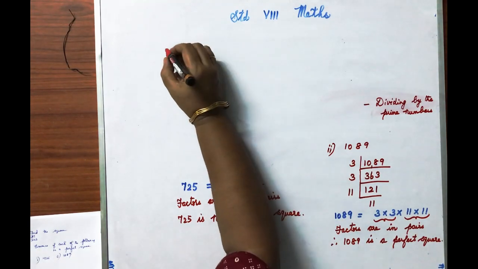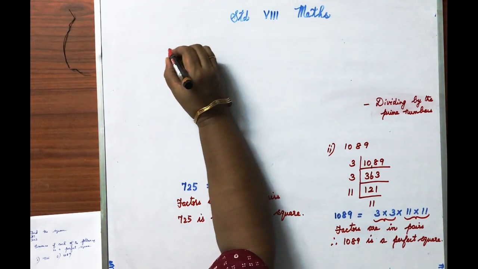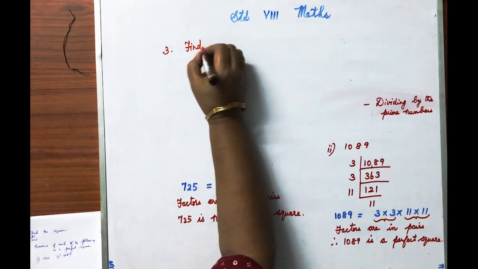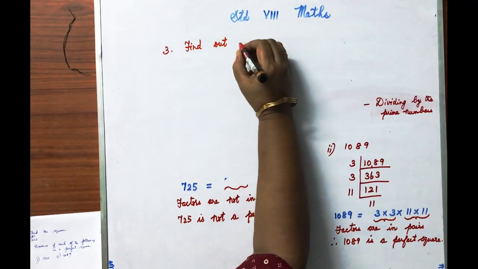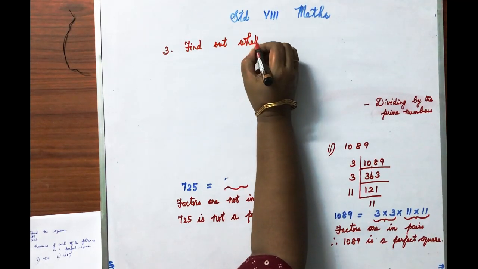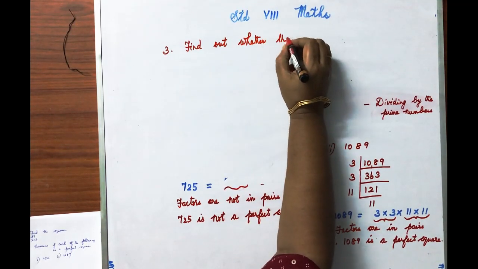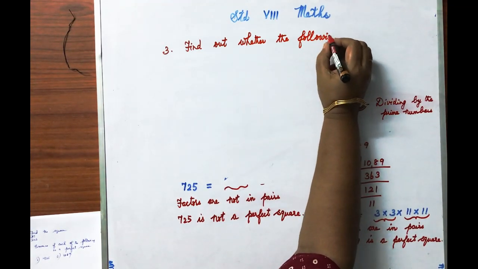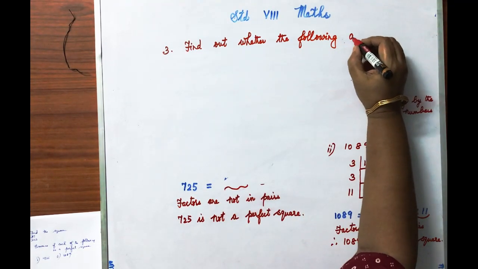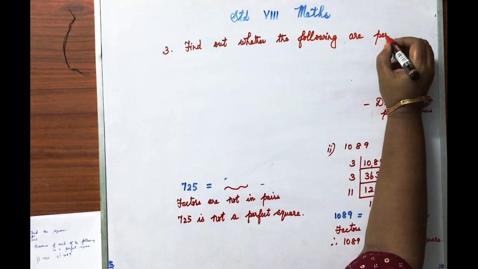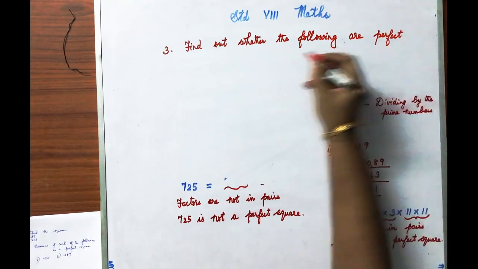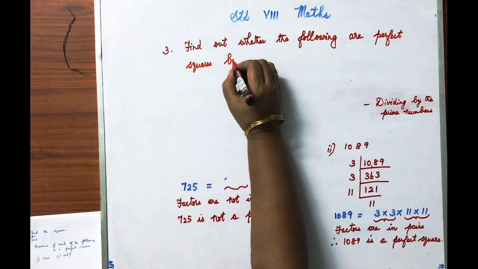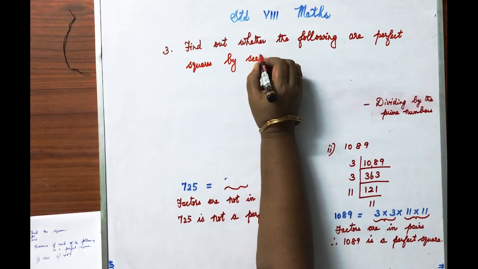Now the next question, the third question: find out whether the following are perfect squares by seeing the last digit.